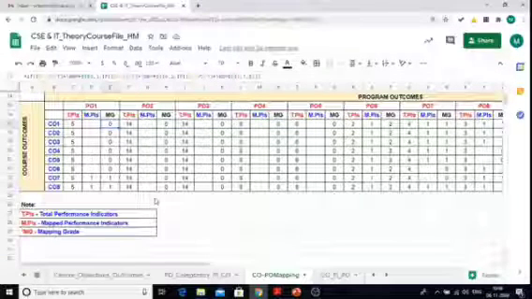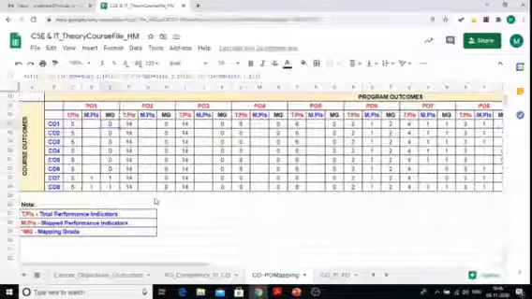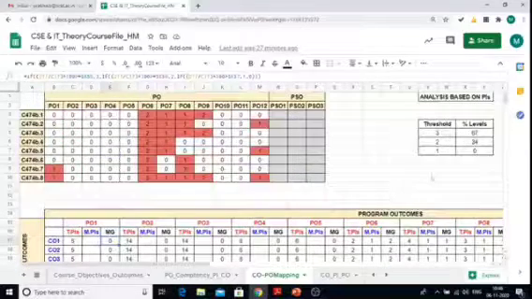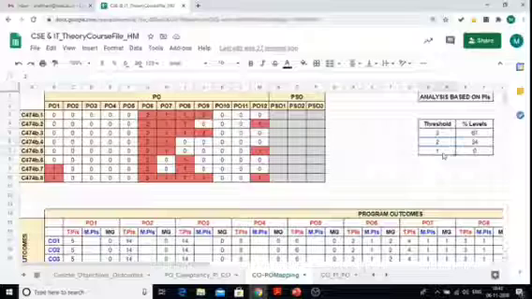There is a formula for that. The ratio between the mapped PIs and the total PIs is compared with threshold values. We have given the threshold values like 3, 2 and 1.